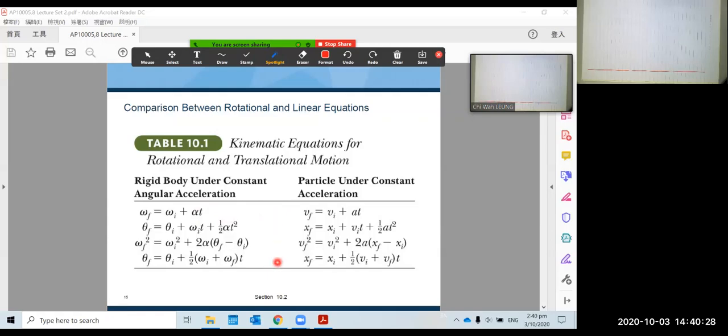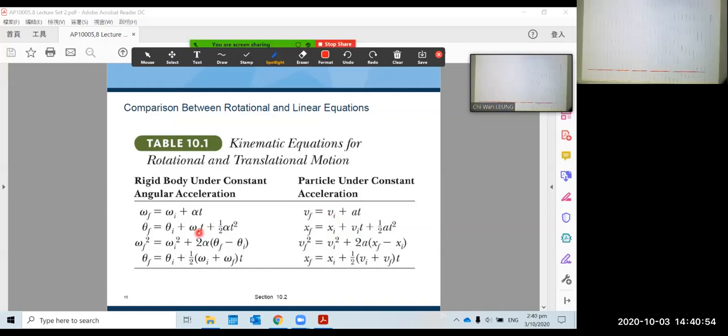They look very similar. In the case of an object moving in a linear fashion, all the particles in the object, they move with the same displacement, acceleration, and velocities. Implicitly, we are assuming that the object is rigid as well.